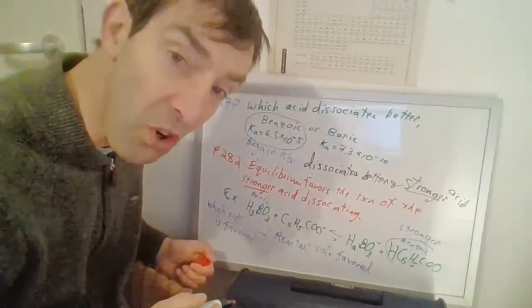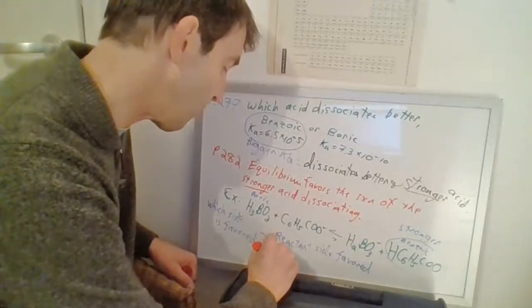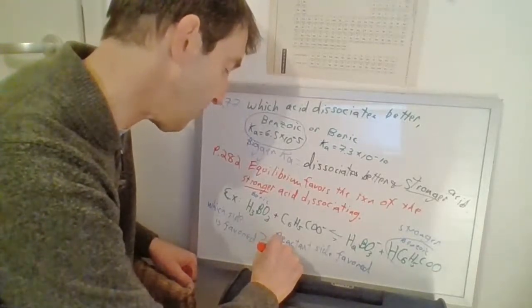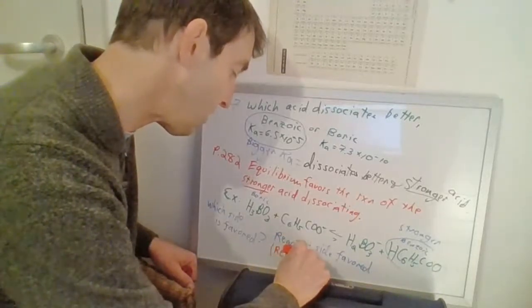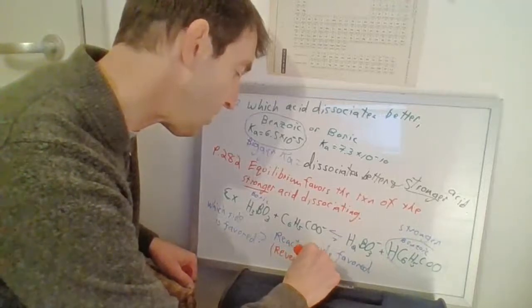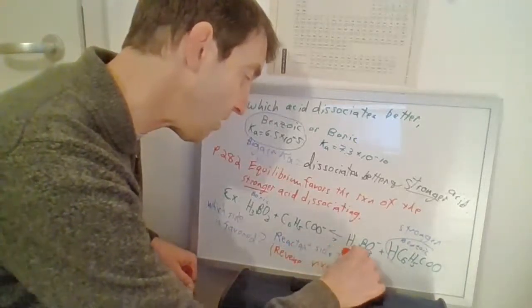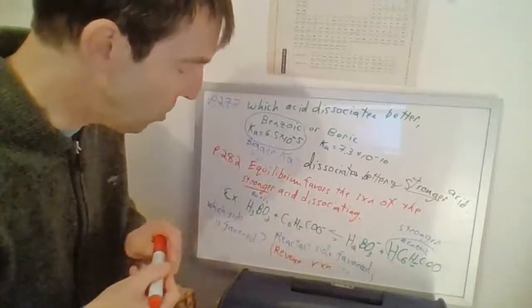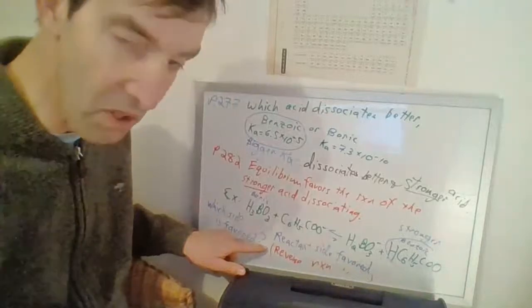That would be the reverse reaction, which is another way you can say it. So I wrote down here, reactant side is favored, or you can say the reverse reaction is favored.